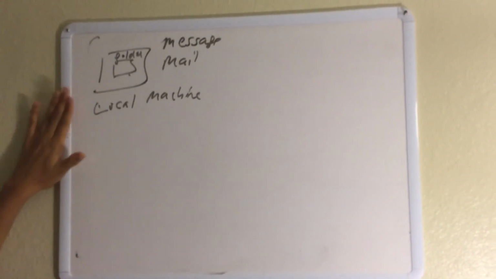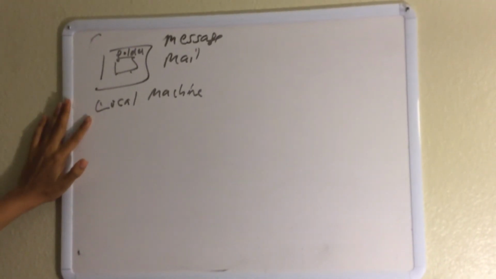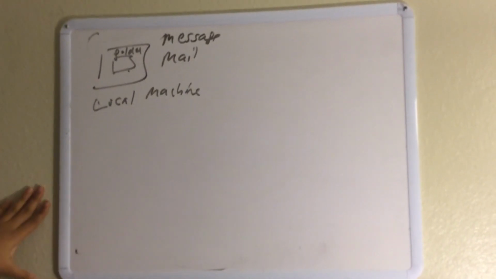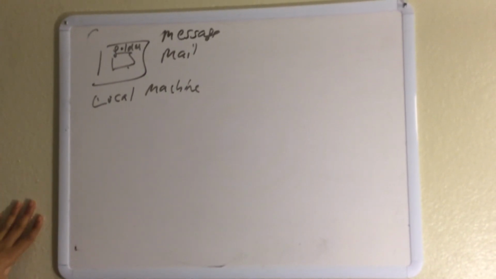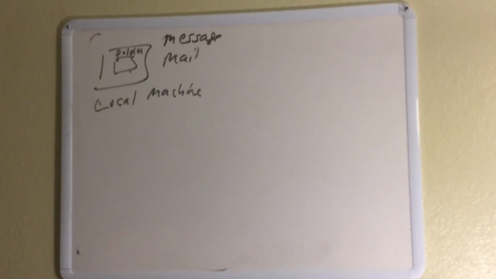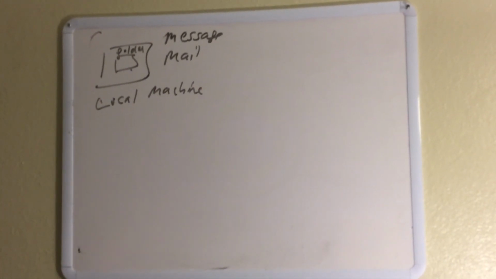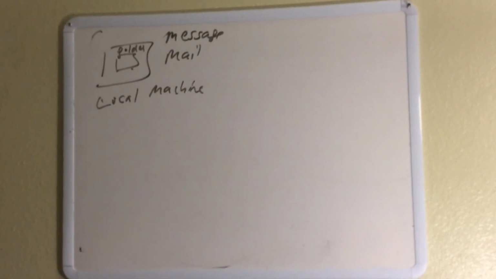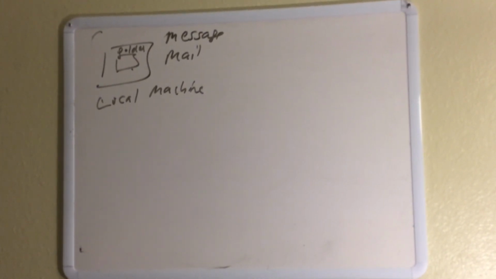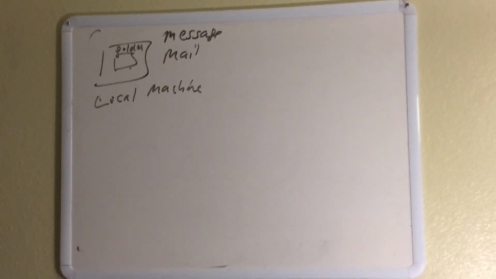It's always stored on the local machine. You cannot access these mails on other machines. POP does not provide any means for users to access remote folders. So IMAP, that is a mail access protocol, provides more features and overcomes this problem.